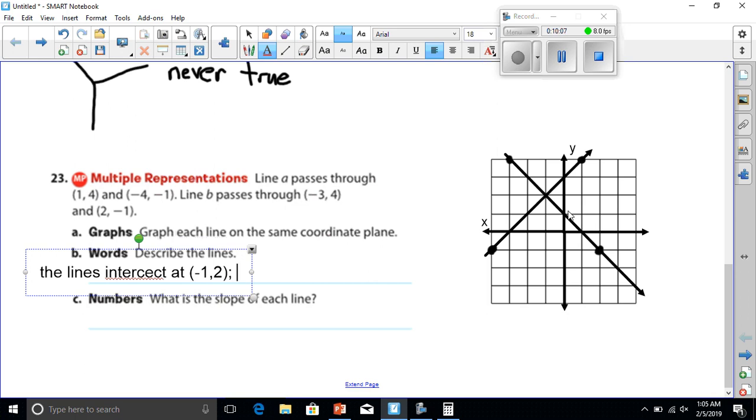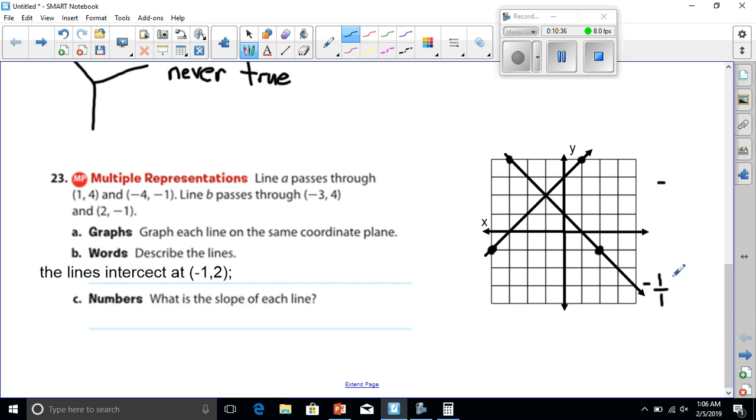So that tells me that the slope is going to be, remember our line is going down, so that one is going to be a negative slope, right? Negative slope. It's going to be down 1 and over 1. And that's going to be a slope of negative 1.